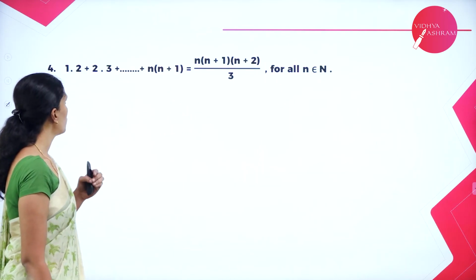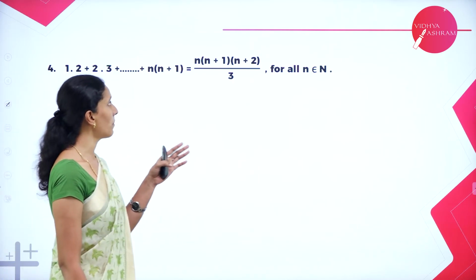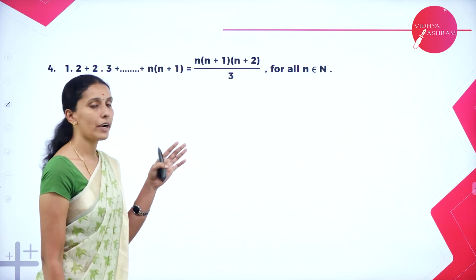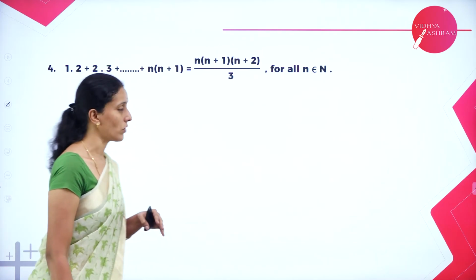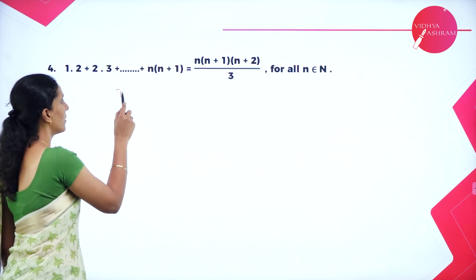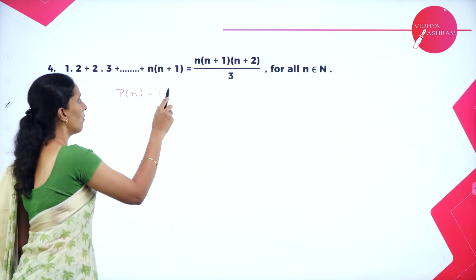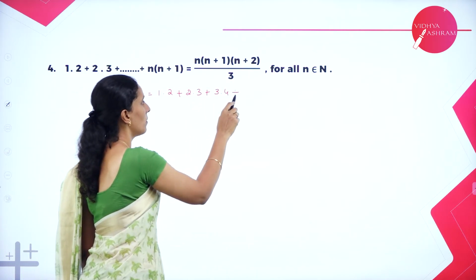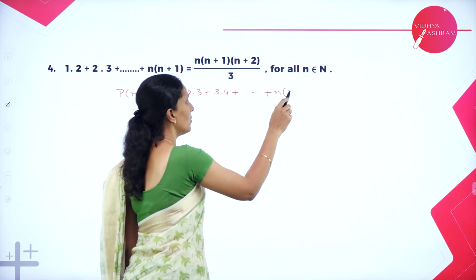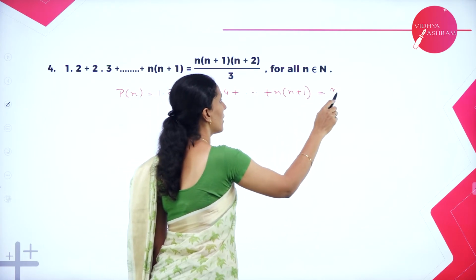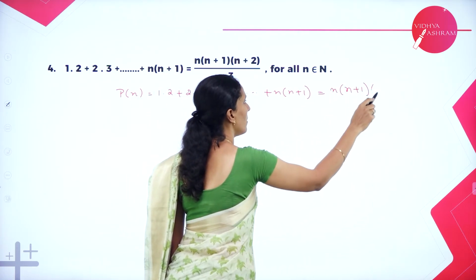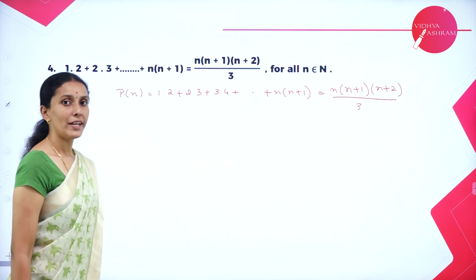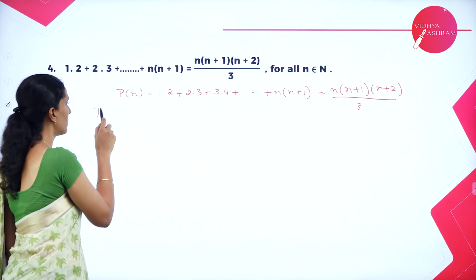Next we have 1 into 2, 2 into 3, ... n into n plus 1 equals n(n+1)(n+2) divided by 3 for all n belongs to N. So clearly take P of n equal to 1 into 2 plus 2 into 3 plus 3 into 4 plus etc. plus n into n plus 1, which is n(n+1)(n+2) divided by 3. Put n equal to 1 on both sides.